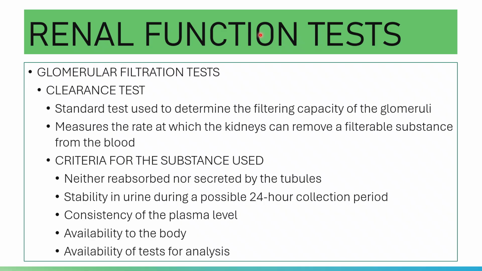Okay, so it is either readily available or readily present, or you need to administer it. And availability of the test for analysis. So these are the criteria for the substance used in a clearance test.